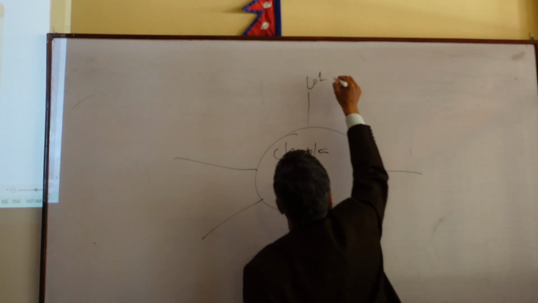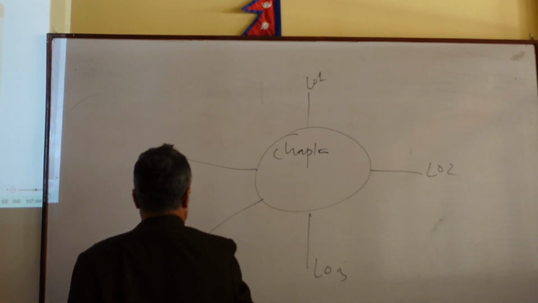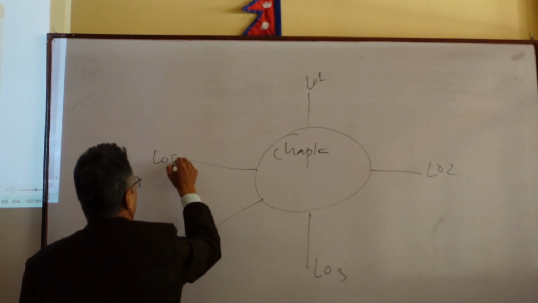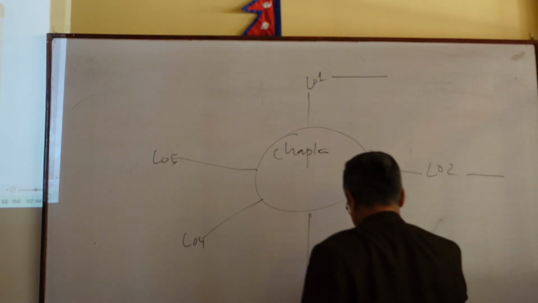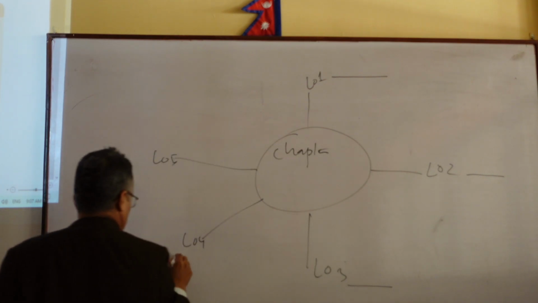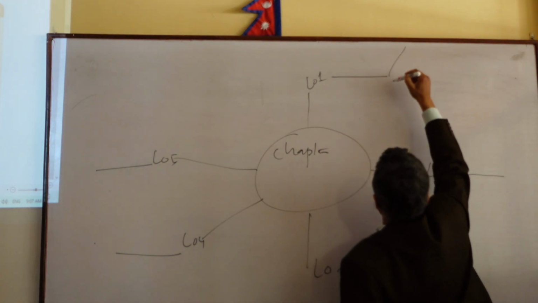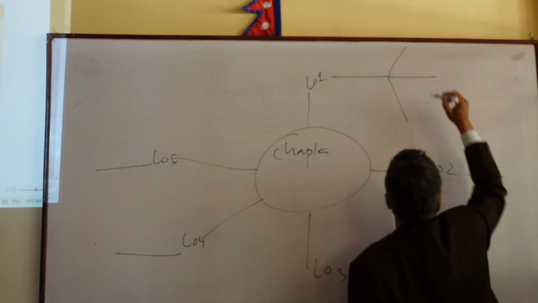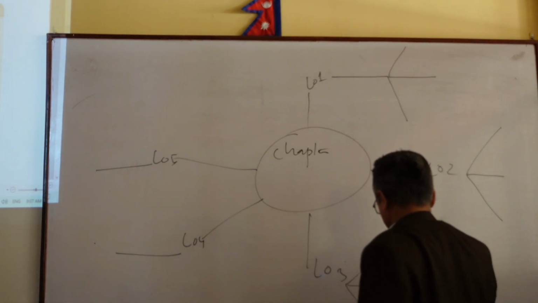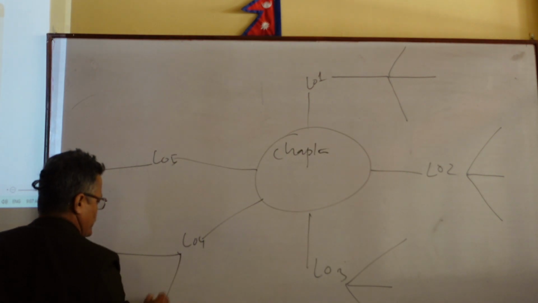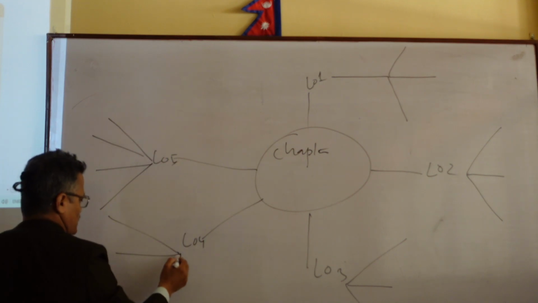Write LO1, LO2, LO3, LO4, LO5. Now write the heading for each. Now give arrows, 1, 2, 3 for each. Maybe 4, possibly, who knows, you just decide.